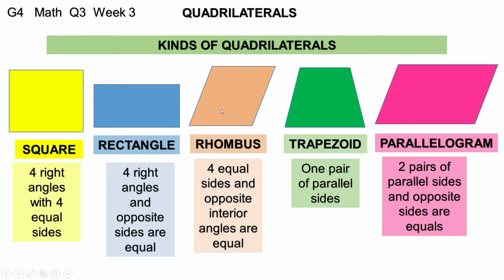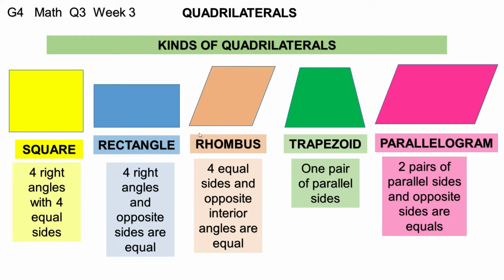The orange one is a rhombus. A rhombus has four equal sides and the opposite interior angles are equal. This is also called a slanted square, yung nakatagilid na square. Ang rhombus may 4 equal sides, so magkakasing haba yan, kagaya ng square.